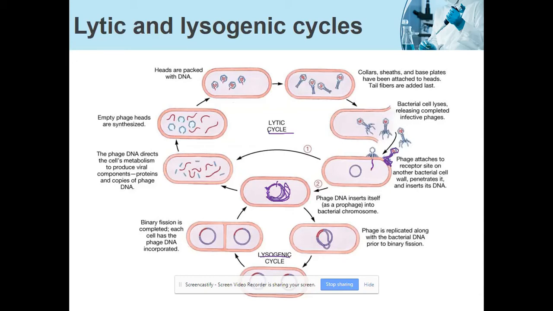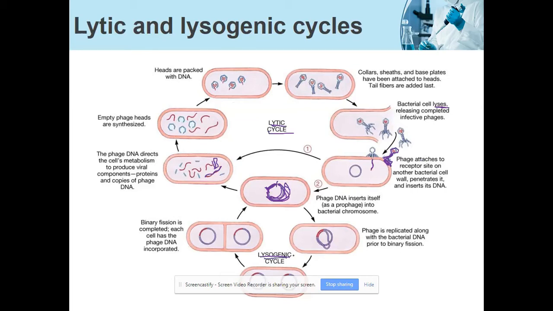The host cell, in just taking care of itself, also ends up taking care of the virus. So we make copies of the virus DNA and copies of the virus proteins, and then these pieces get put together into all these tiny little virus babies. The cell then lyses, which is why we call it the lytic cycle, and all those little bacteriophage babies are released into the environment where they can go and infect more cells.